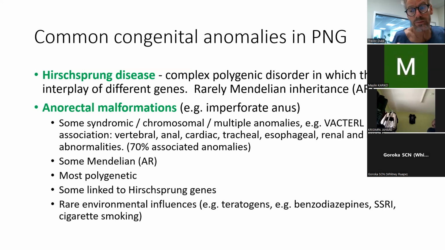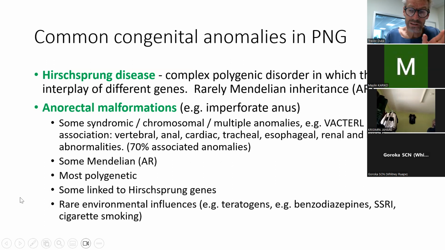We often don't know exactly what the underlying cause is, but conditions like Hirschsprung disease or anorectal malformations, imperforate anus, relatively common in PNG, are all polygenic disorders. Occasionally, there's some rare Mendelian inheritance, like autosomal recessive Hirschsprung's disease, but most of it's polygenic, and usually they're new mutations that have occurred, and the parents don't have those conditions.